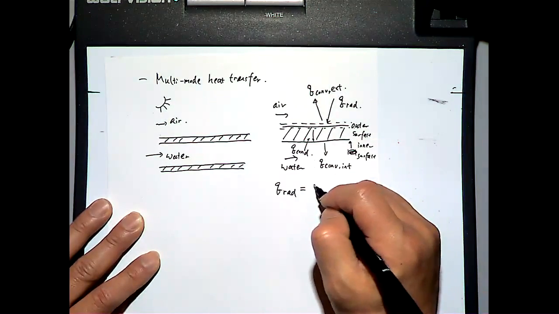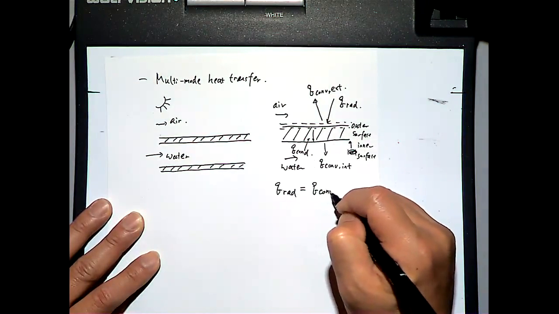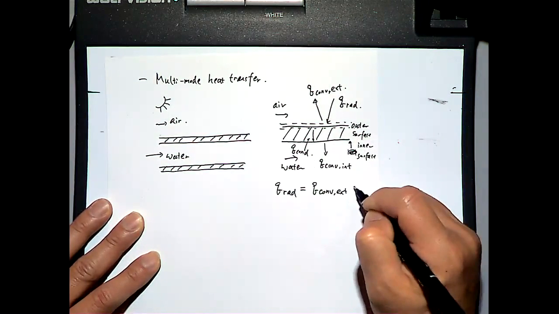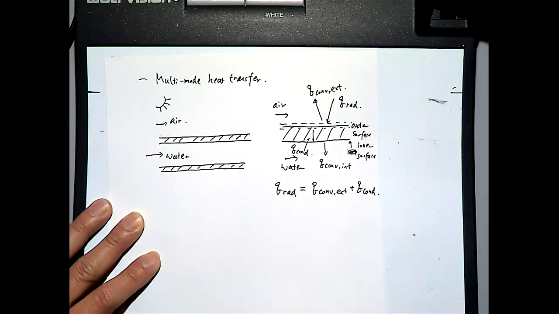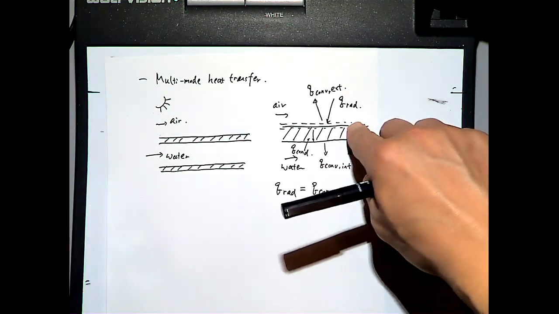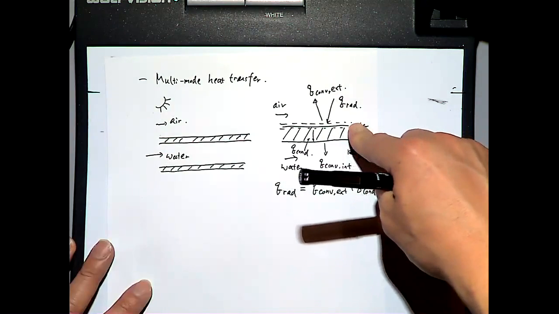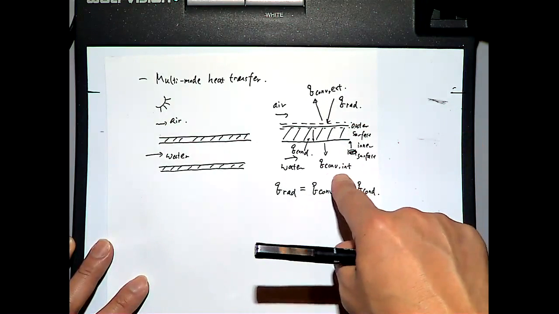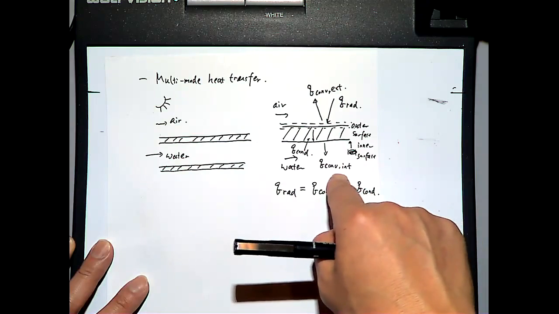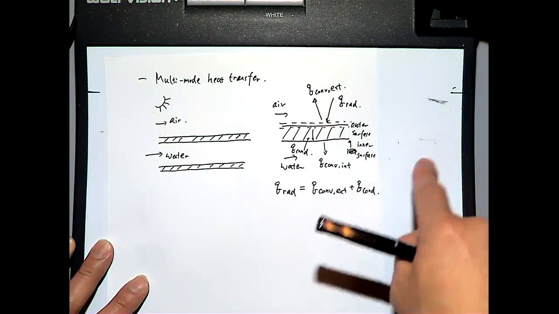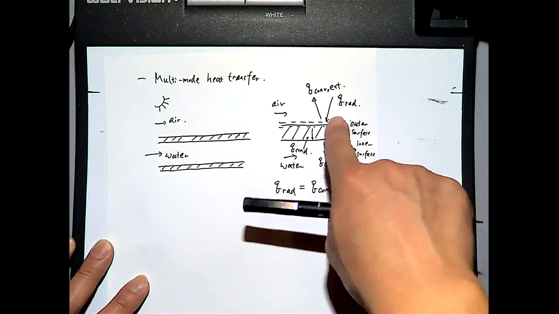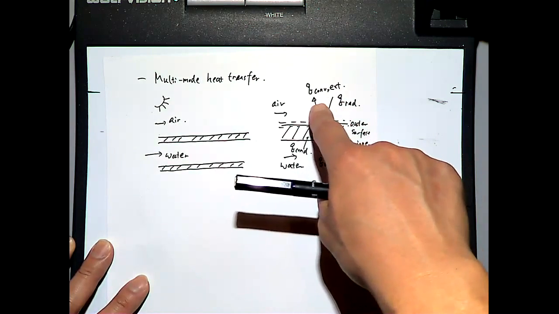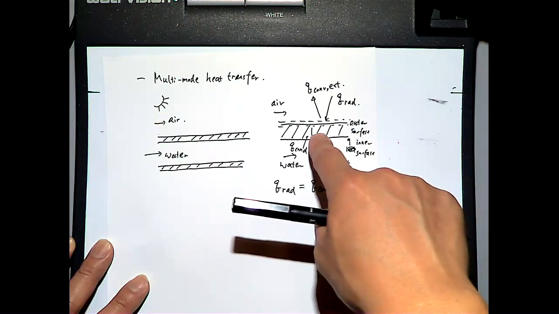That equals Q convect external plus the Q conduct. So focusing on that surface, the internal convection is not involved at all. On that surface, you only have the radiation coming, the external convection going, and the conduction going.